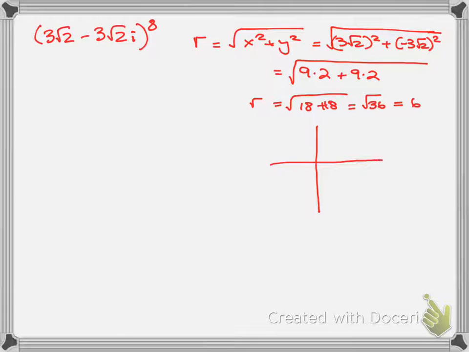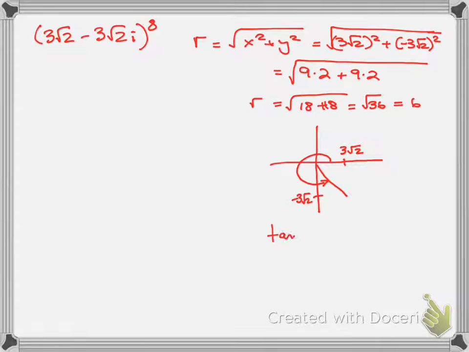Now, which quadrant are we located in? We have a positive 3 square root of 2, so let's just say that's right here, and we have a negative 3 square root of 2i, and I'm going to sketch this right here. So we are in quadrant 4, and this is the angle we're looking at.